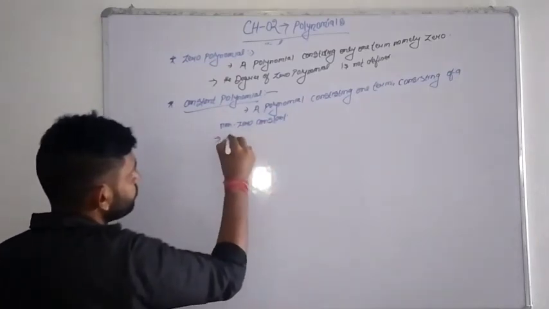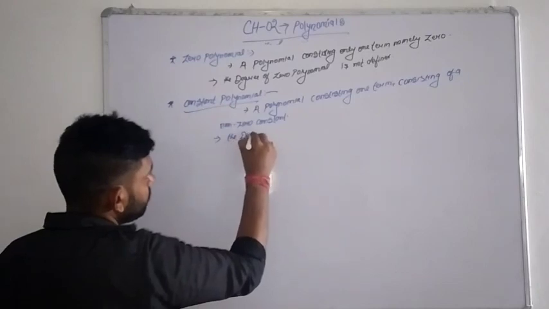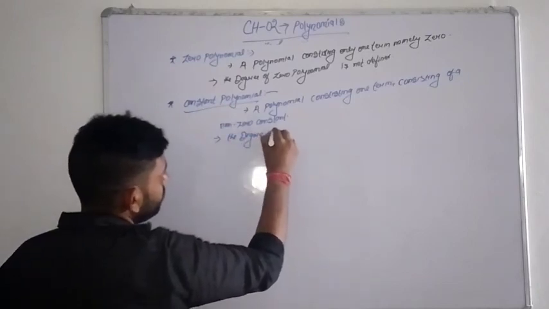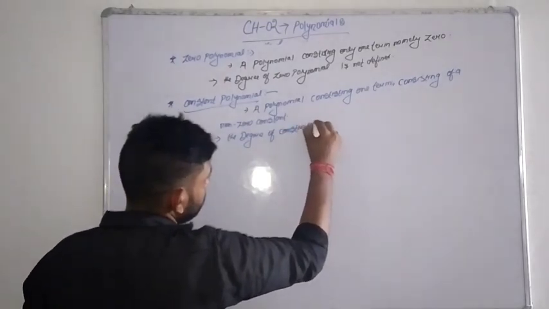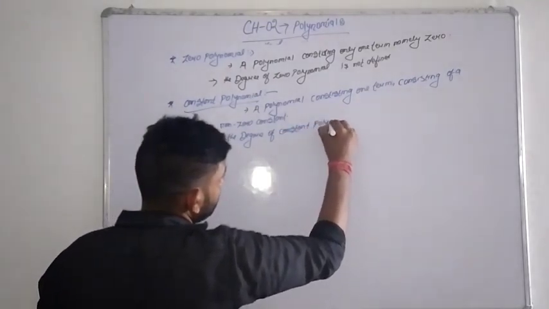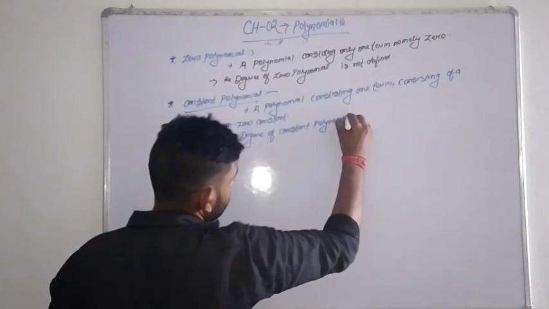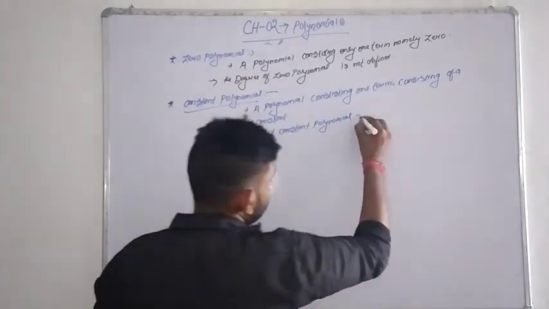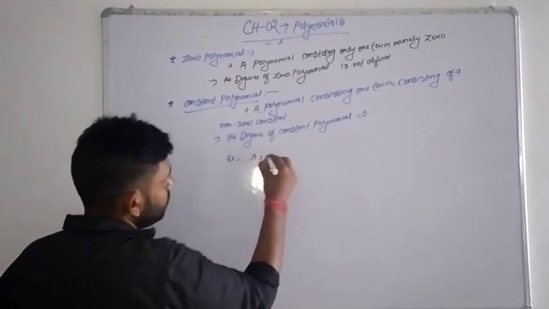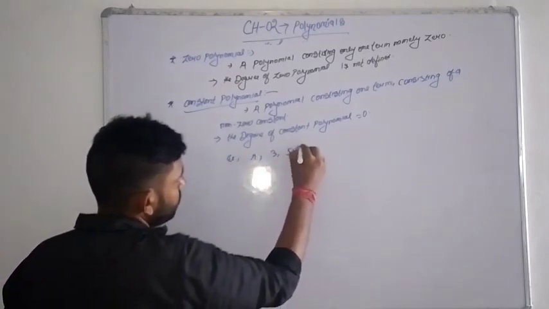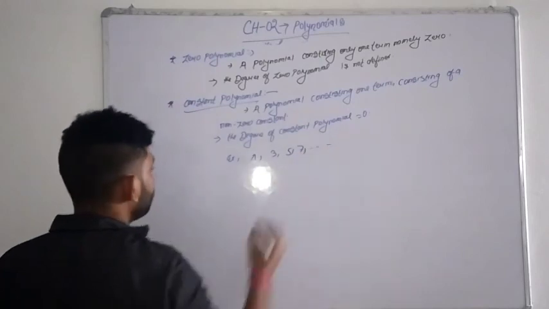And the degree of a constant polynomial is equal to 0. Examples: pi, 3, 5, 7, and so on.